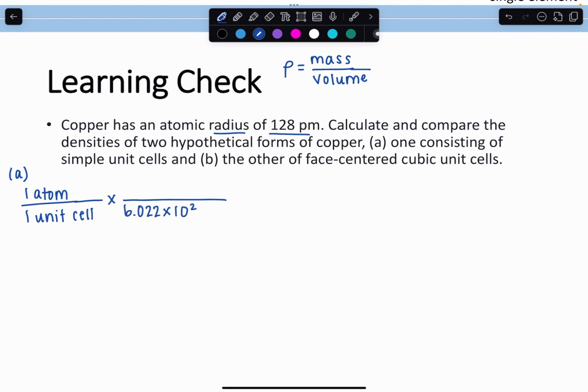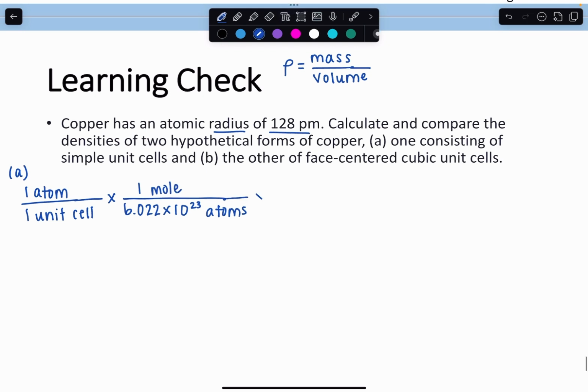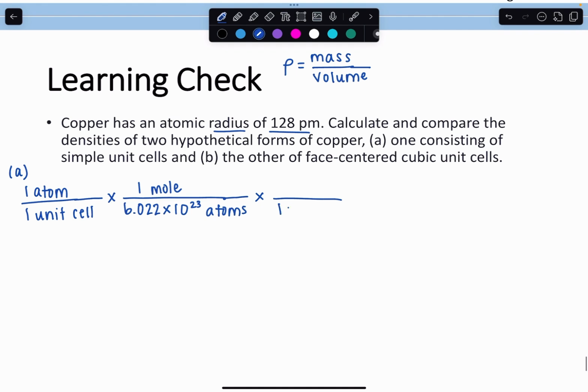6.022 times 10 to the 23rd atoms are present in 1 mole of atoms. And then 1 mole of copper, looking at the periodic table, is 63.546 grams. With this calculation, we cancel atoms, we cancel moles, and we're left with grams per unit cell.